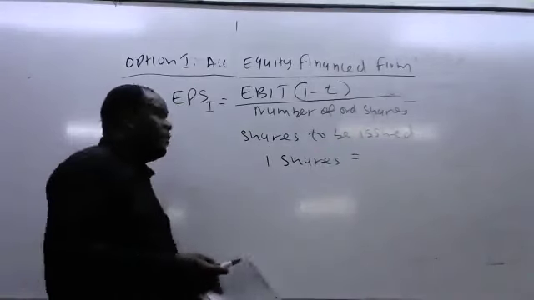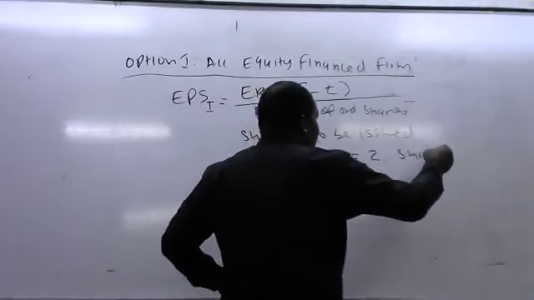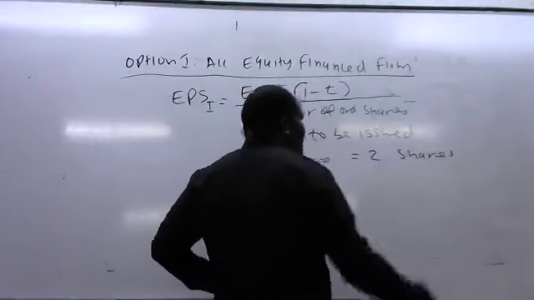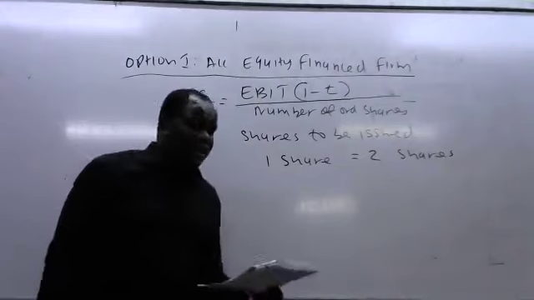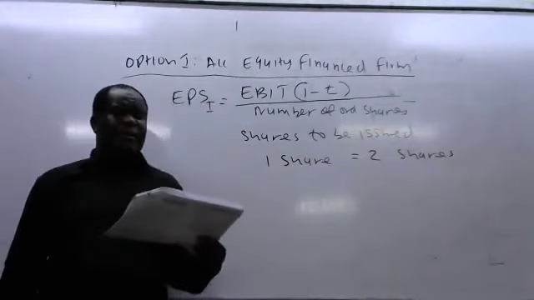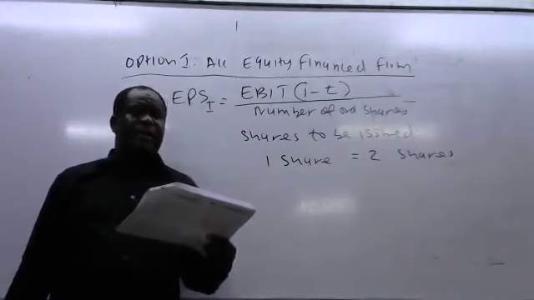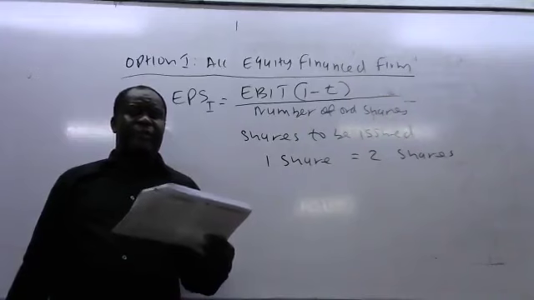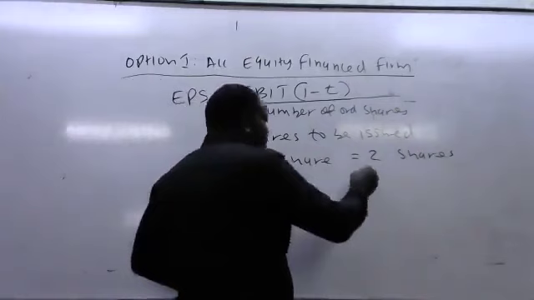So 1 share of Nangina is equivalent to 2 shares of Query. Check under the income statement on the next page: Query Limited has 6 million ordinary shares.